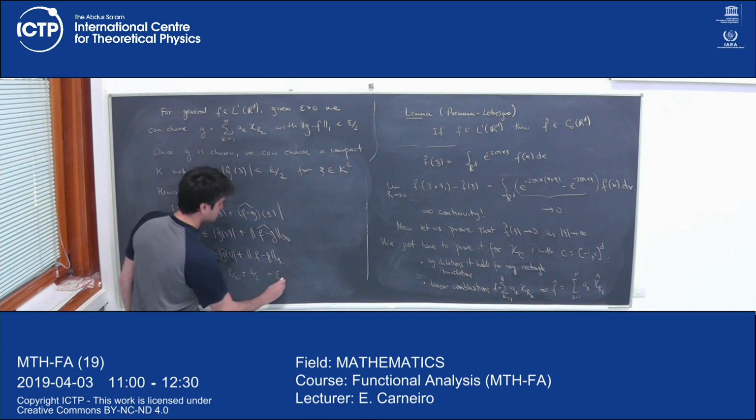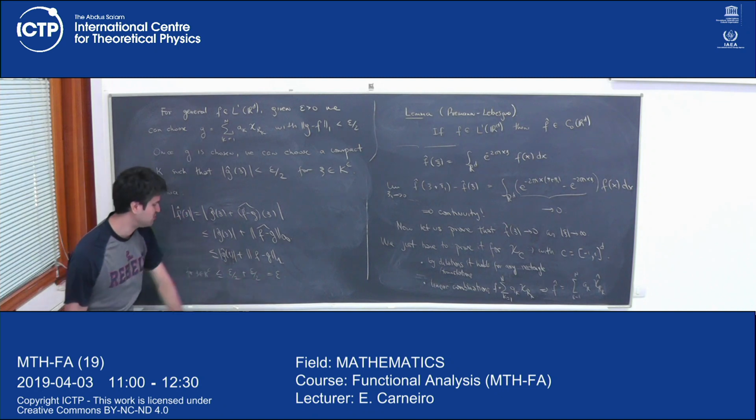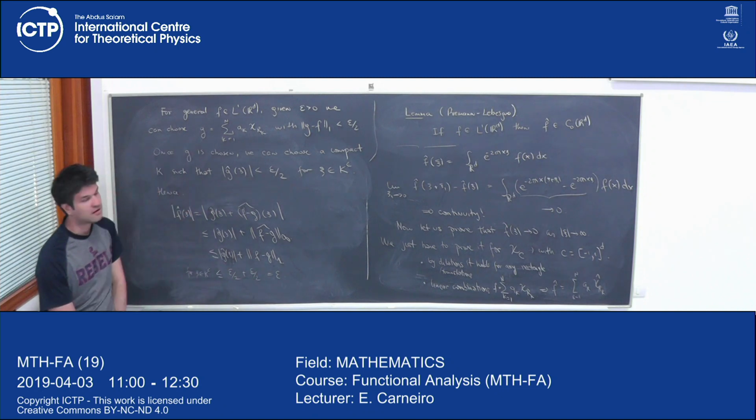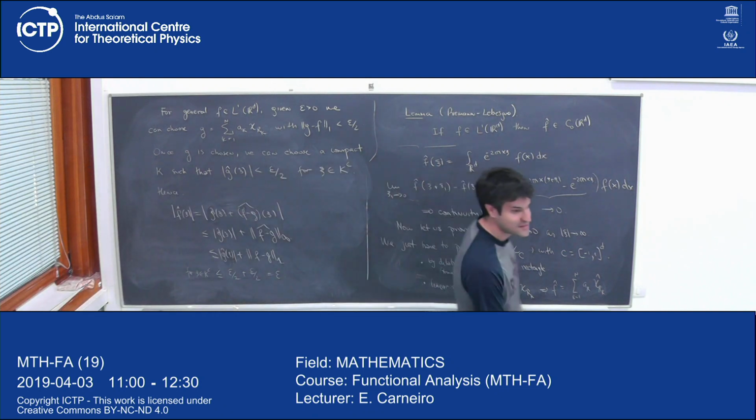So this is epsilon. So you end up proving that f hat of xi is less than epsilon outside this same compact K. Okay? This is a very nice example of a standard approximation argument in analysis. You see?